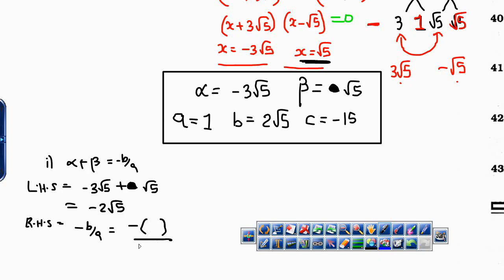Pick the value of b from here, 2 root 5. a is 1, I got the same value.